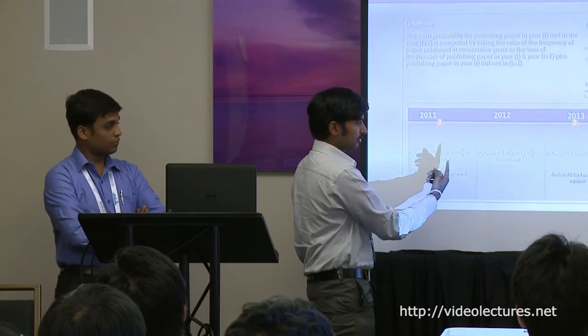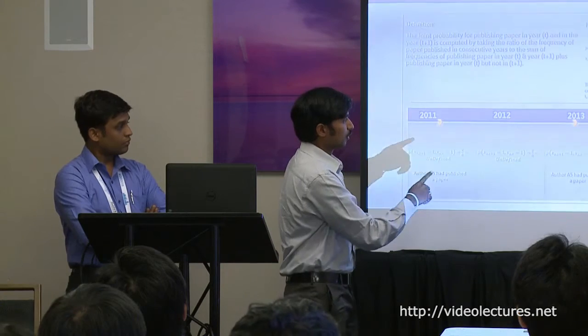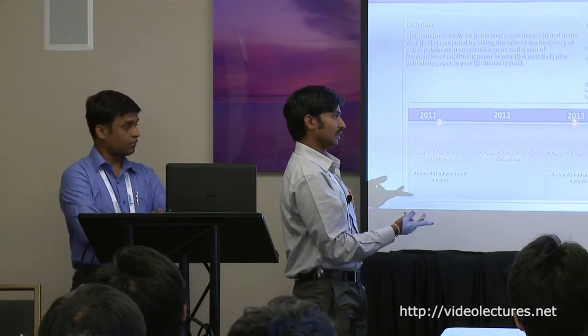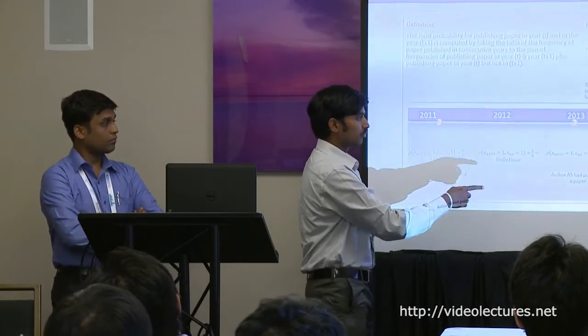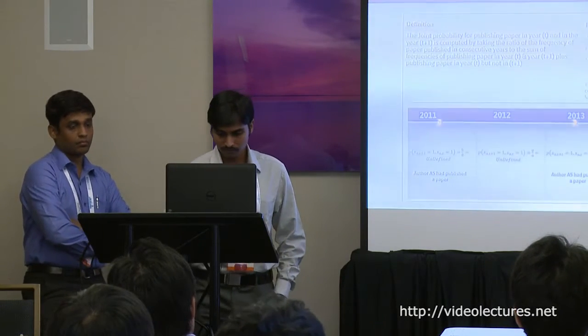So this is one event. Another event is that in 2013 he has published a paper, and in 2014 also he has published a paper. So that is event 2. That is the total sample space, and out of it, the case where both conditions are true is 2013 and 2014, two consecutive years in which he published a paper. That is the reason we have 1/2, that is 0.5.